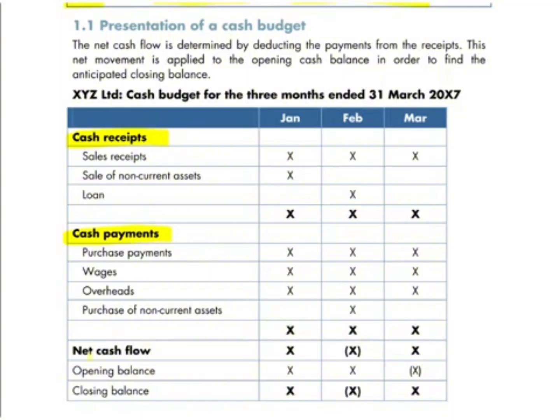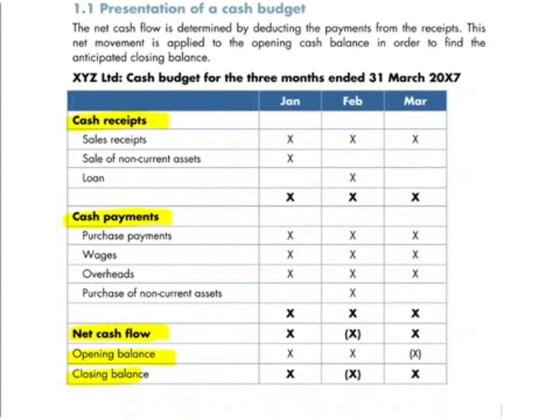Now, if we subtract the cash payments from the cash receipts, we can see that we generate a net cash flow. Now, we need to compare that net cash flow to the opening and closing balances of our cash. And that will then foretell us whether at each of these months we will end up with a cash surplus or a cash shortage.